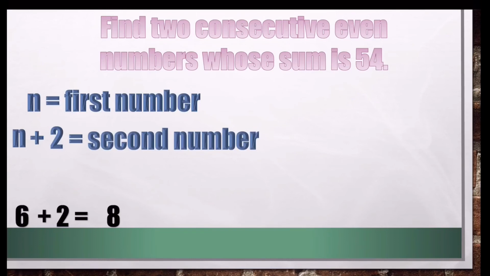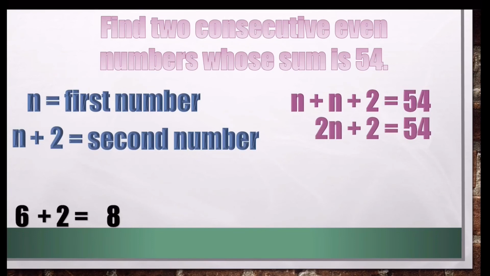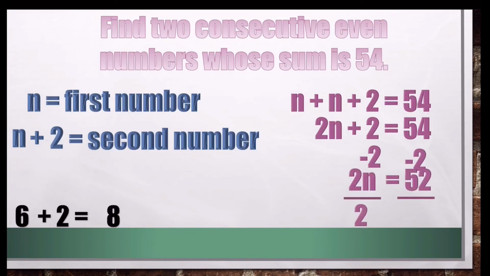So then I just find their sum. n plus n plus 2 equals 54. I combine my like terms. I bring my constants to the same side. Then I divide both sides by my coefficient so that n equals 26.